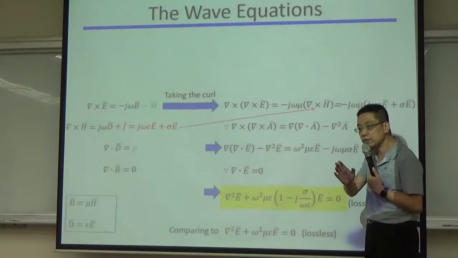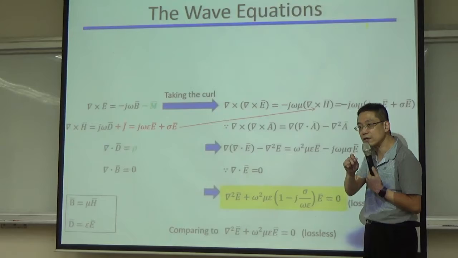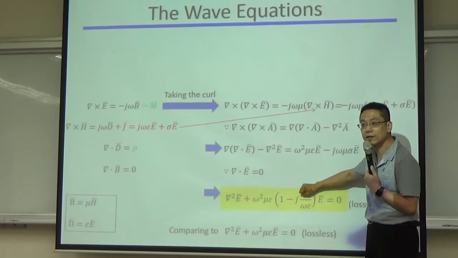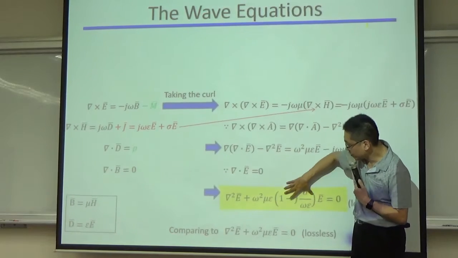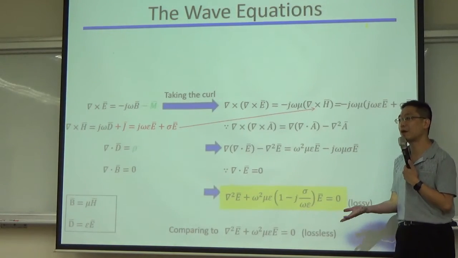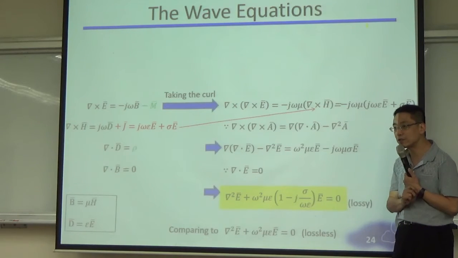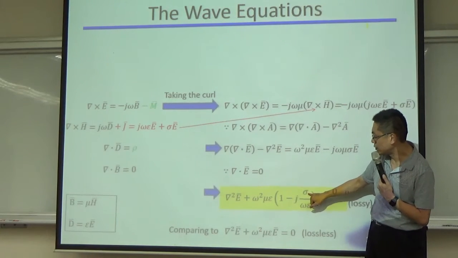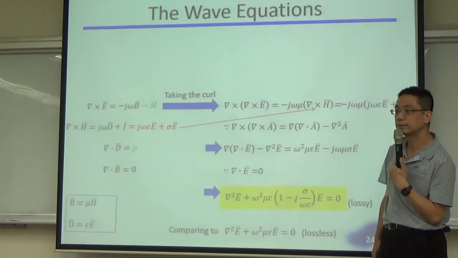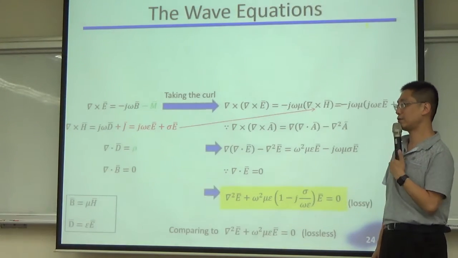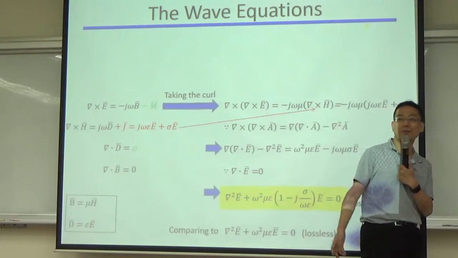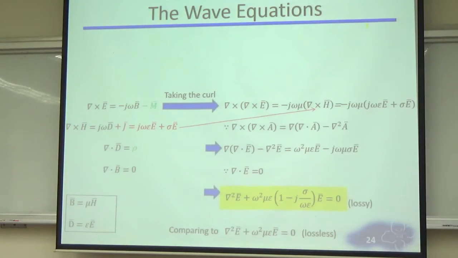If this is lossless, you don't have the conductivity, you put 0 here, and this is 1, and it is beautiful. It's easy. But if you have a lossy term, you have a sigma. Okay? It's not okay yet because we have more things to discuss.